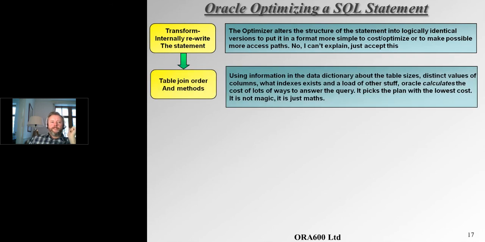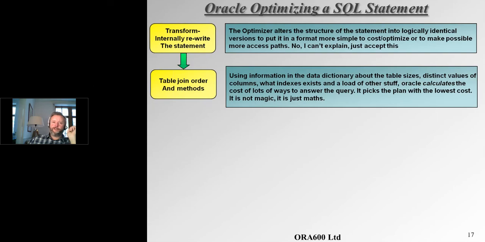Once it's done that, it takes the statement and it looks at the table join methods and the table join orders, and it tries to come up with the best plan that it can. And it calculates the cost for each of these various ways of executing the SQL statement. And the cost is basically Oracle's estimate of the number of logical and physical IOs it's going to do.